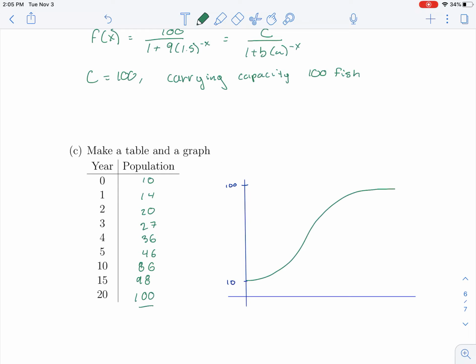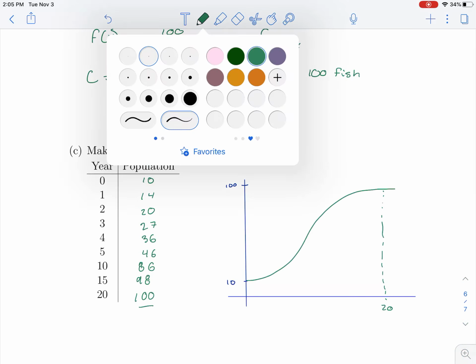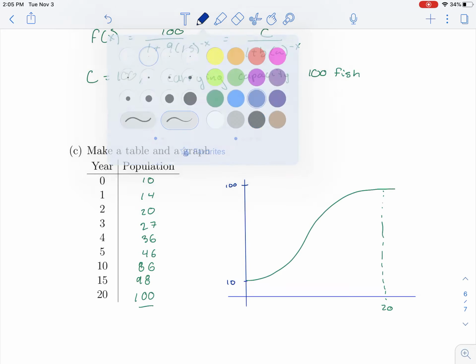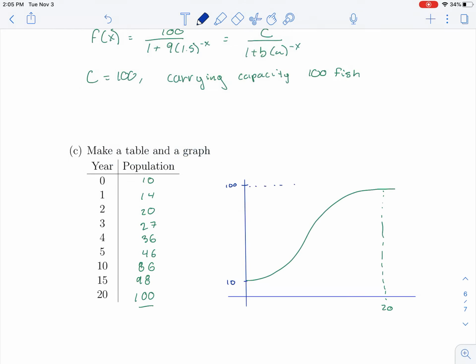Wow, that was beautiful. Because we're modeling real world phenomenon with some fun numbers. All right, coolio. And that's what our graph's going to kind of look like.